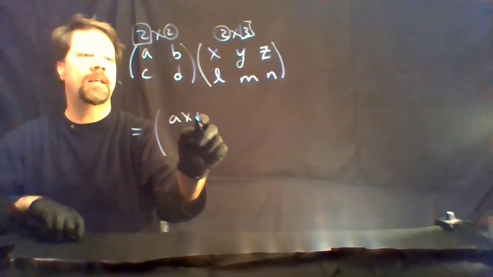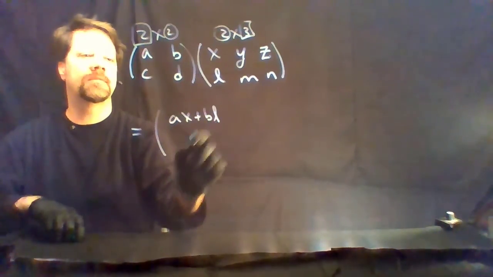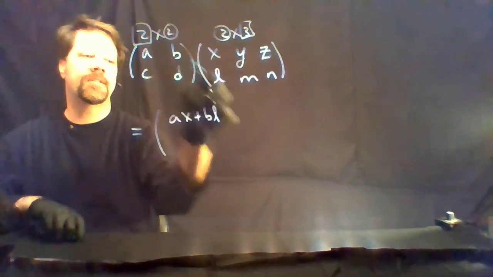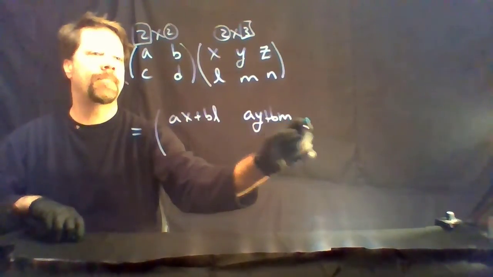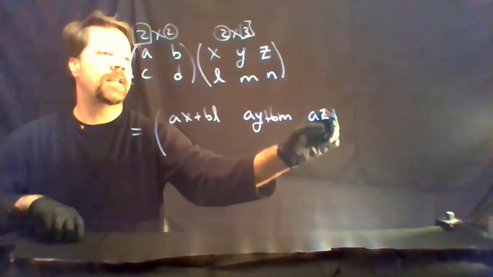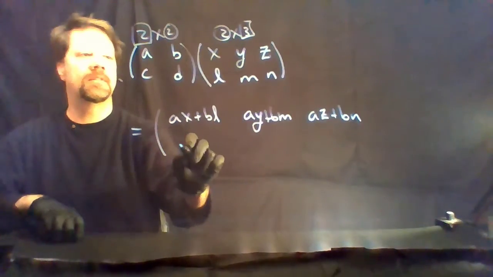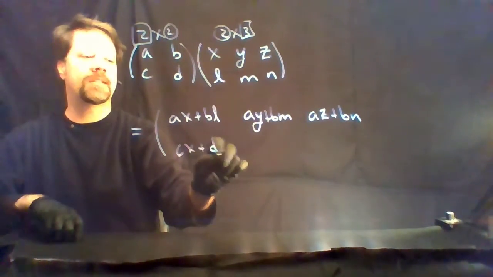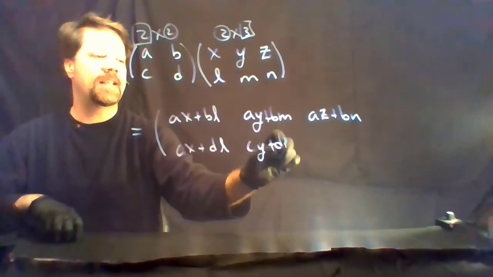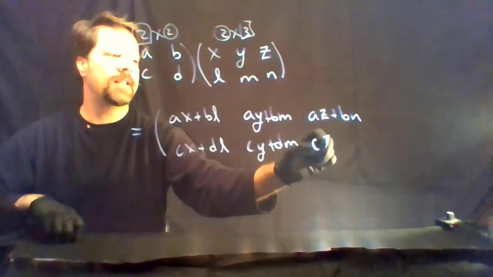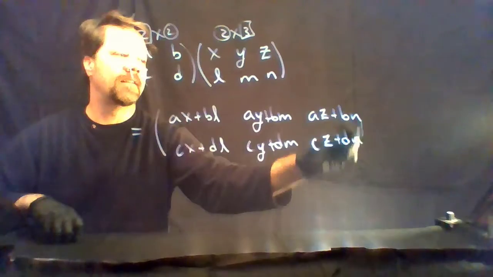It'll be AX plus BL, that's this times this, AY plus BM, AZ plus BN, CX plus DL, CY plus DM, CZ plus DN.